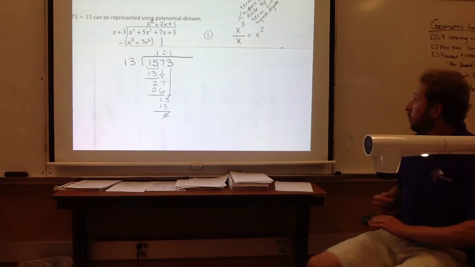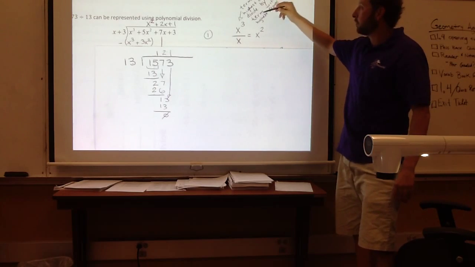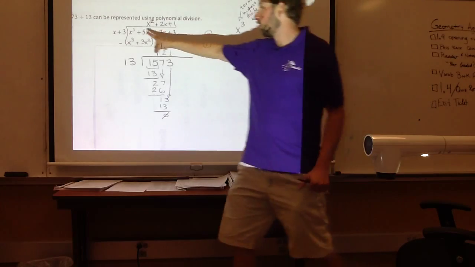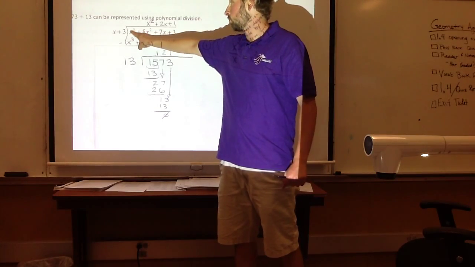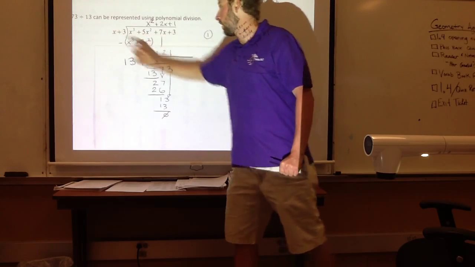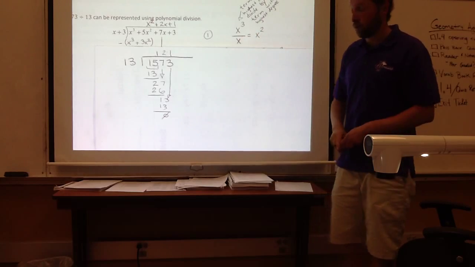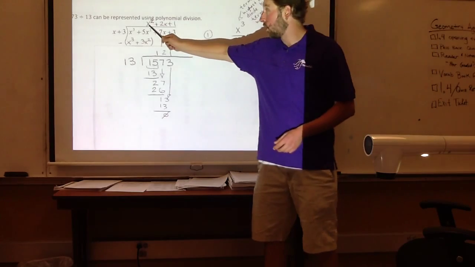And so the term with the highest degree divided by the term with the highest degree. So what is the term with the highest degree? Not x plus 3, sorry, x to the third divided by x. X to the third divided by x is what we have. And we get x squared.